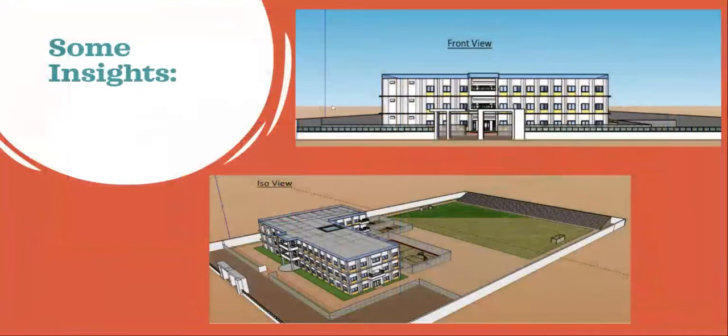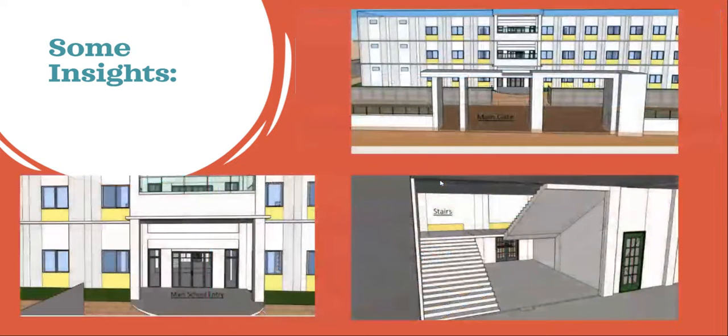These are some more pictures of the finished school. The front view and the isometric view can be seen here. Now, let me share some snapshots as we explore the finished model.